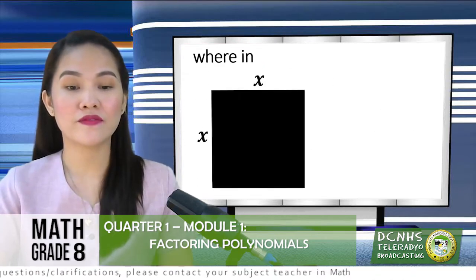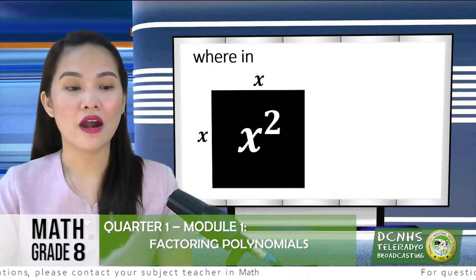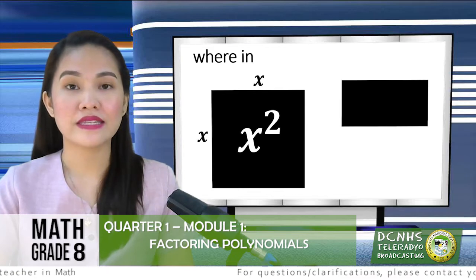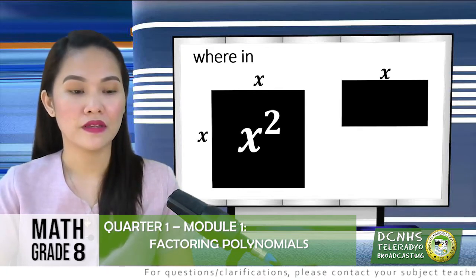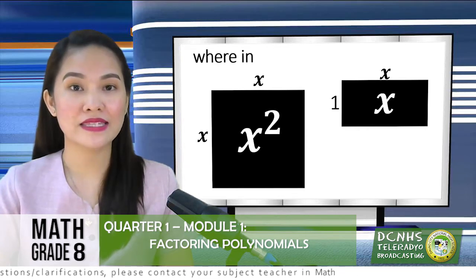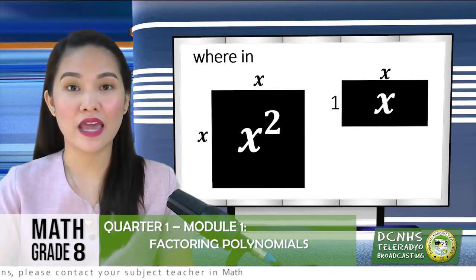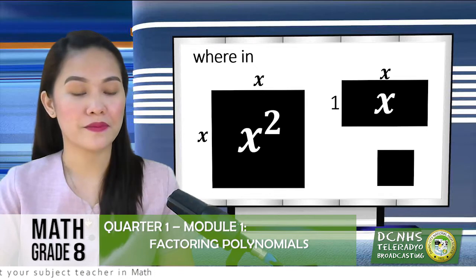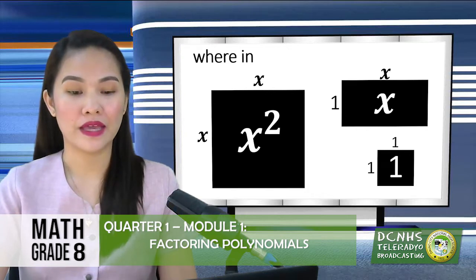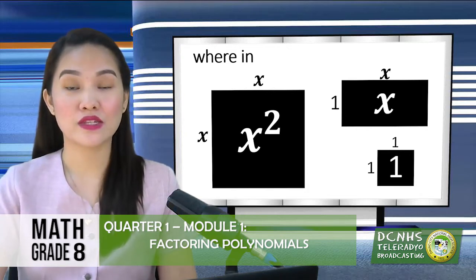The dimensions of the big square tile are x and x, and its area is x squared. The dimensions of the rectangular tile are x and 1, and its area is x, while the dimensions of the small square tile are 1 and 1, and its area is 1.